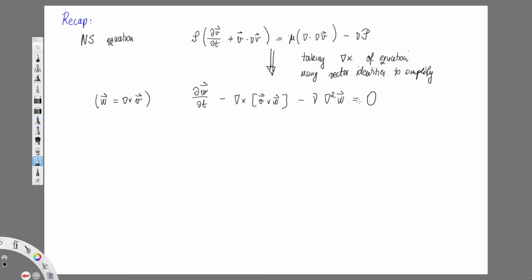So this is the equation of change of vorticity.